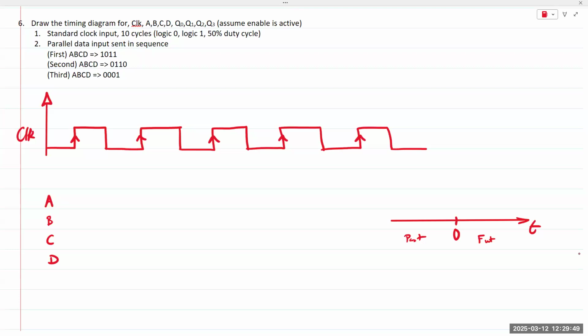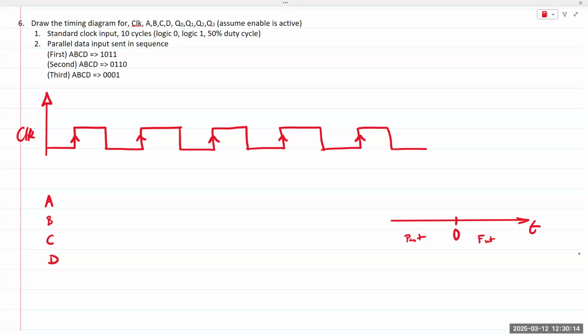But here, if I wanted to say that I am sending in the input from the left, there are two ways to describe this. You can draw A, B, C, D completely separate for all three of them, which makes it very long and lengthy. But if you want to describe it all at once, you can do it this way.